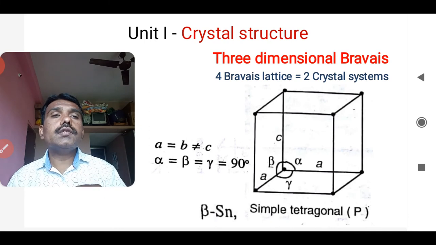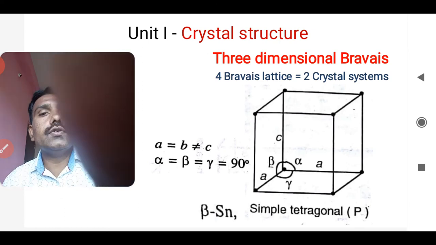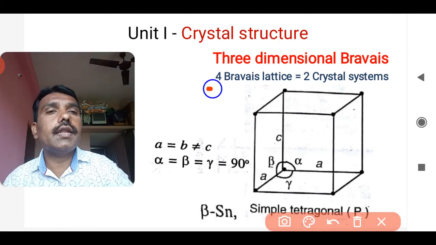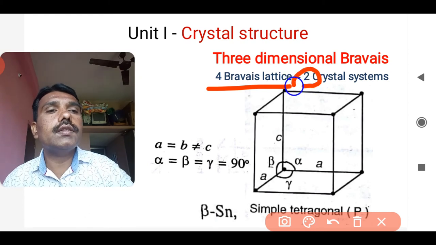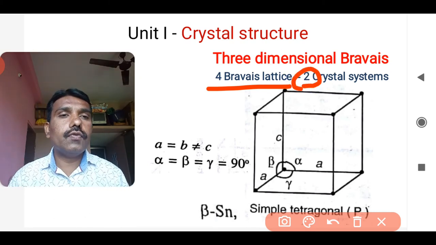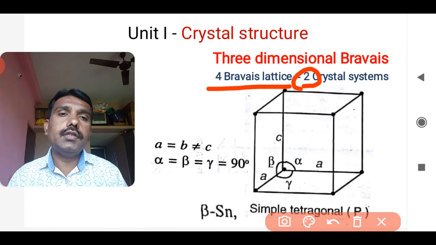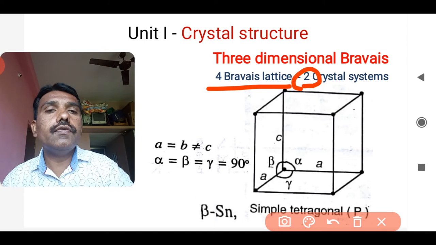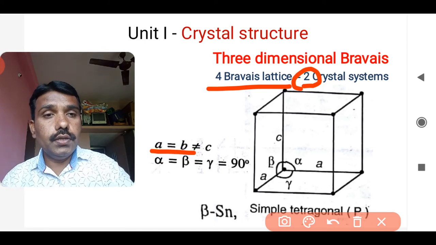Now this is another crystal system, and the fourth Bravais lattice is number 4. If you look at the difference, this one is the fourth Bravais lattice, and this one is the second crystal system we are learning. Now again we have alpha, beta, gamma and the three vectors a, b, c. Here, if you look carefully, a is equal to b, but b is not equal to c.